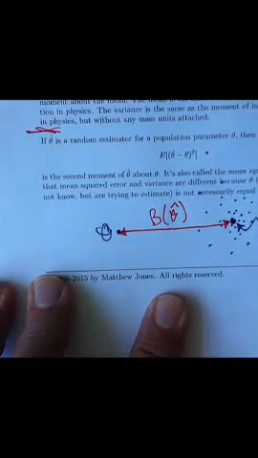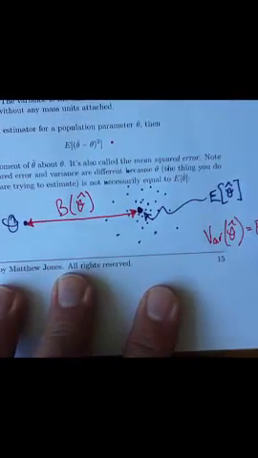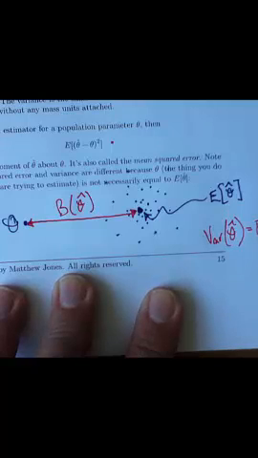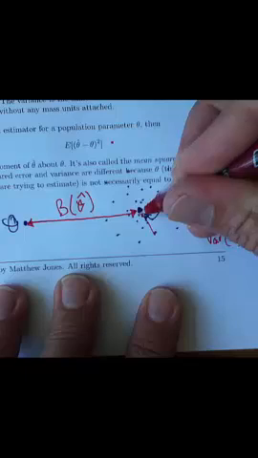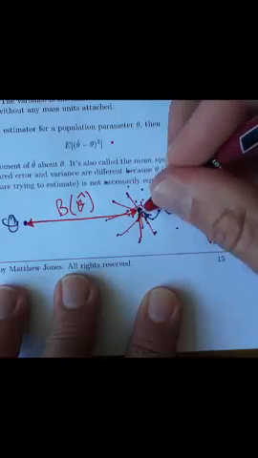Well, by definition, it's the expected value of theta hat minus the expected value of theta hat, quantity squared. It's the expected squared deviation from its average. So it's sort of an average spread measure of our estimator from its average.